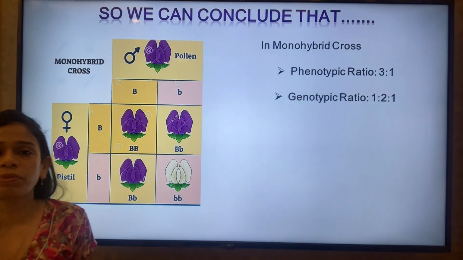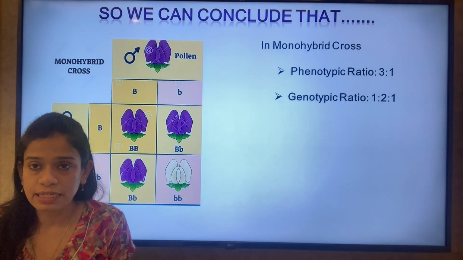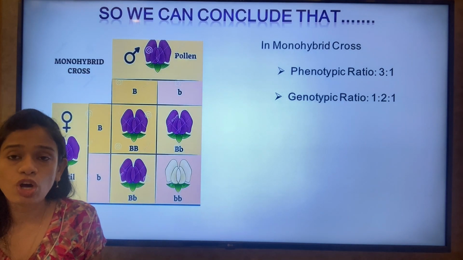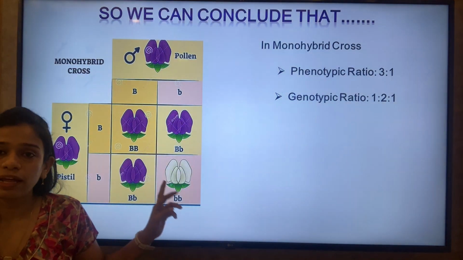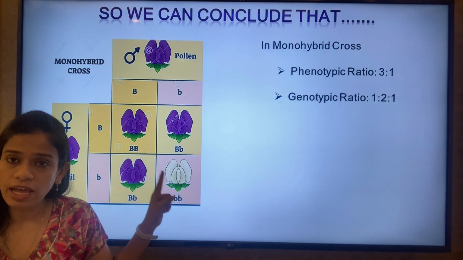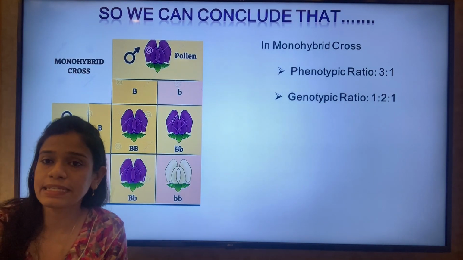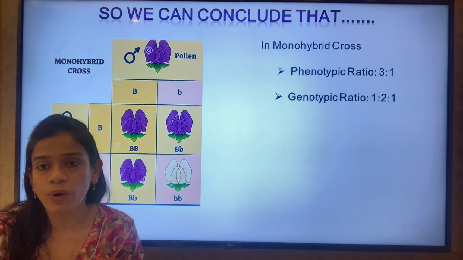So phenotypically, phenotypic means the one which we are able to see. When you see the flowers, what do you see? You see 3 violet is to 1 white, because you see 3 violet flowers and 1 white flower. You don't know what is inside that. So you get a ratio of 3:1.